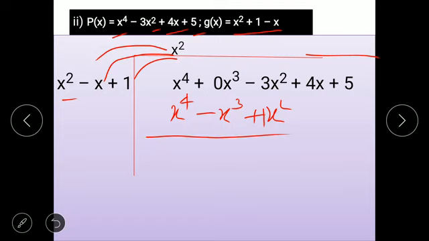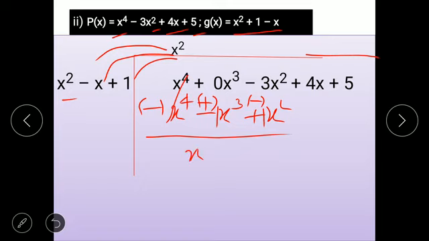What will we do? Change the sign. Minus change into plus, plus change into minus. First term cancel. Now look, 0 plus what is the number here? 1. 0 plus 1 means, after changing the sign, what is the sign? Plus. Yeah, 0 plus 1 is 1.